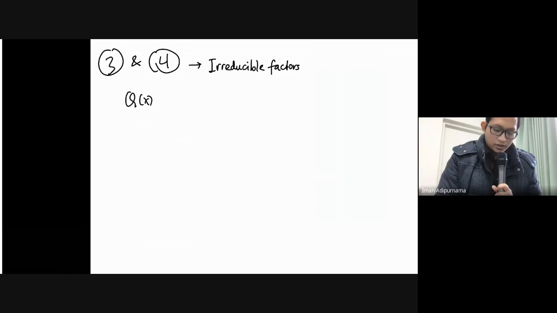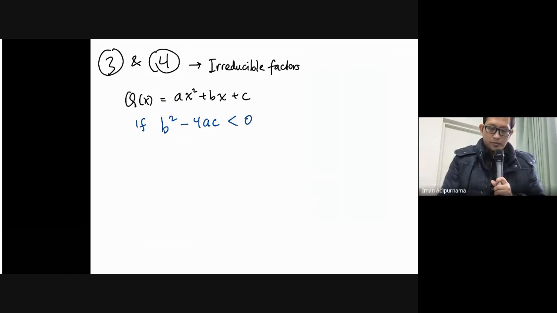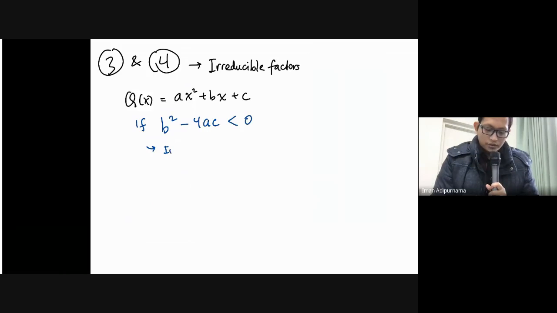So if qx has ax squared plus bx plus c, and b squared minus 4ac is less than 0, then this is what we call an irreducible factor.